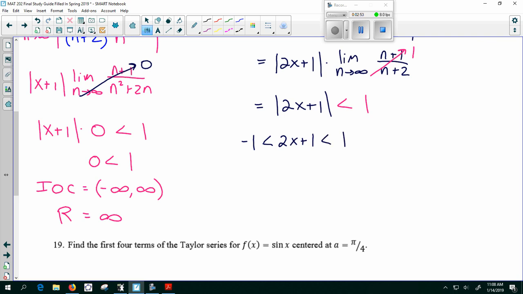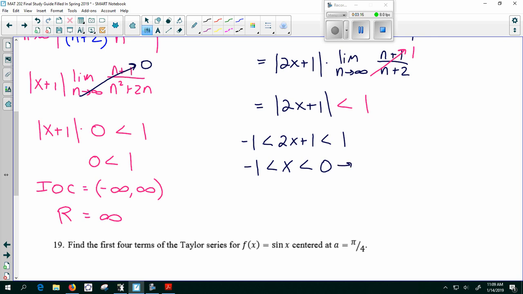And I solve the inequality by subtracting 1 from both sides, or all 3 sides, and then dividing all 3 sides by 2. So I end up with -1 is less than x is less than 0. So that's my interval of convergence without checking the endpoints.